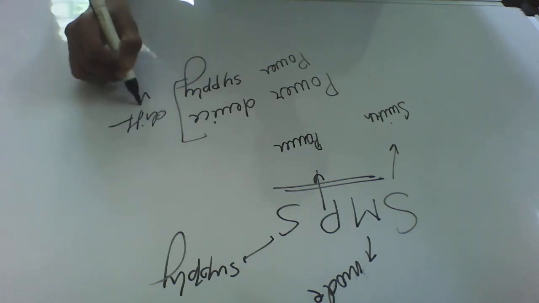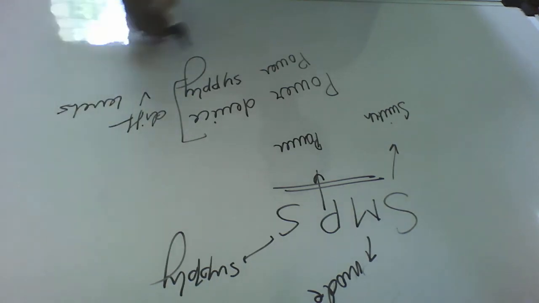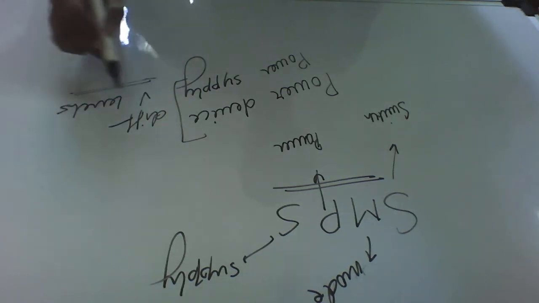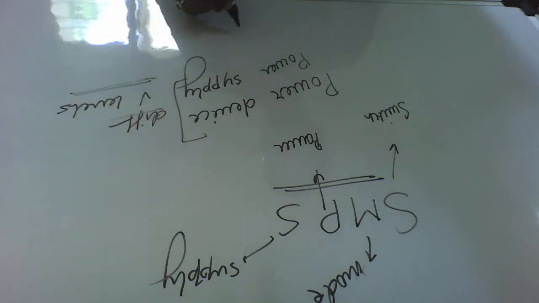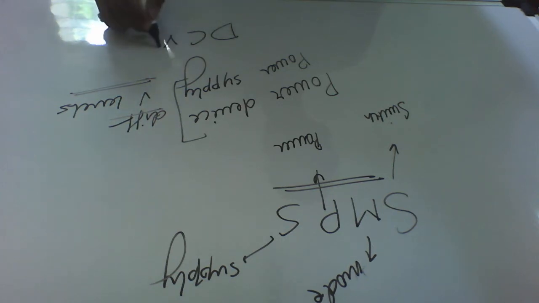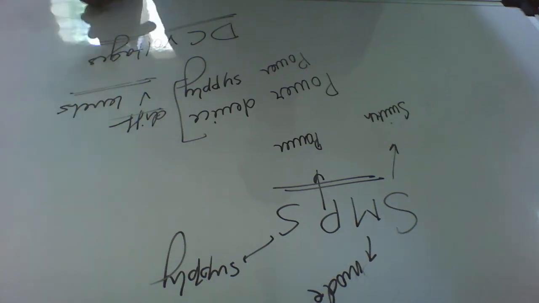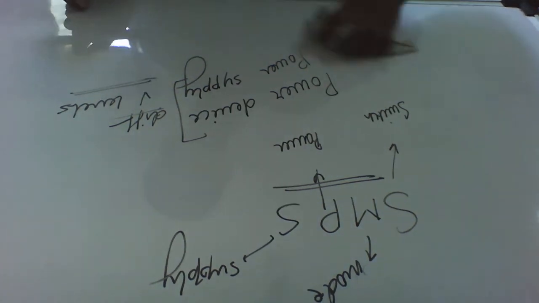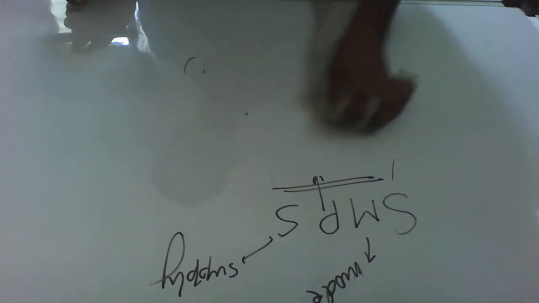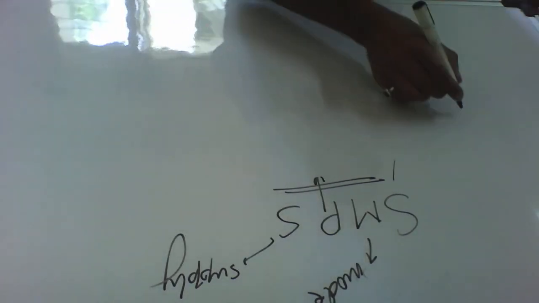Different voltage levels are given at the output, and these voltage levels are basically DC voltages.